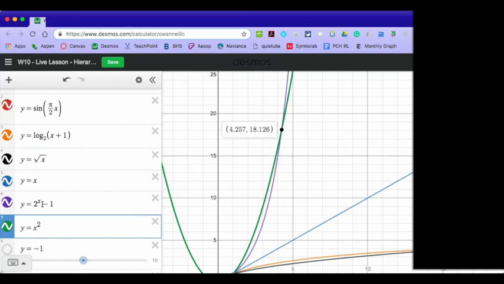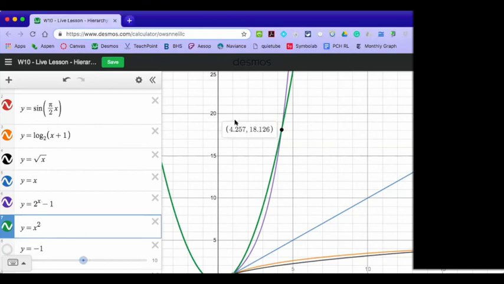So when the base is small, 2 to a power is going to be smaller than that number squared, right? But then we hit this sort of magic number. Think of 2 to the 4th power. What's 2 to the 4th power? 16. What's 4 squared? 16. That's kind of that magic number.